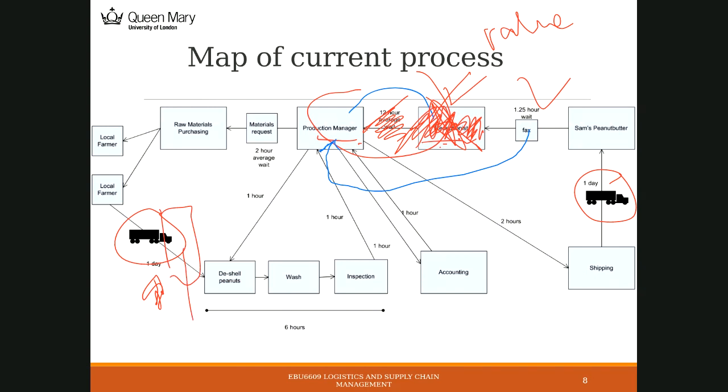This is my warehouse, so that I don't have to use one day every time I receive an order from my clients. When the order comes in, I don't want to wait, so I build a warehouse here. I don't have to wait one day for the farmers to give me the peanuts, so every time I have a purchase order, I can get it done.